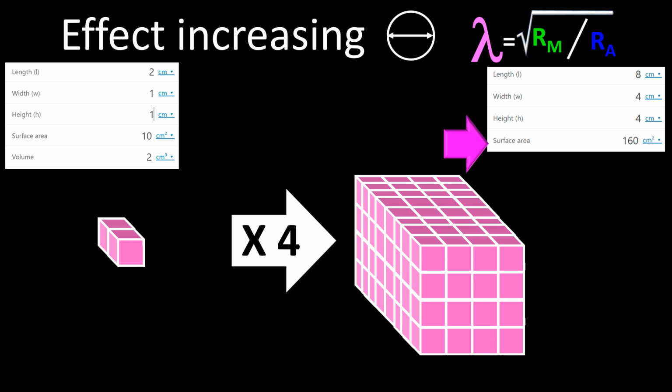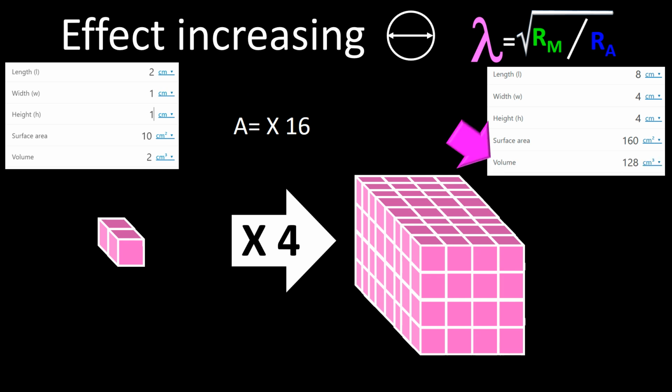As represented here, you can see that the area will increase to 160 square centimeters, that is by a factor of 16, whereas the volume will increase to 128 cubic centimeters, that is by a factor of 64.